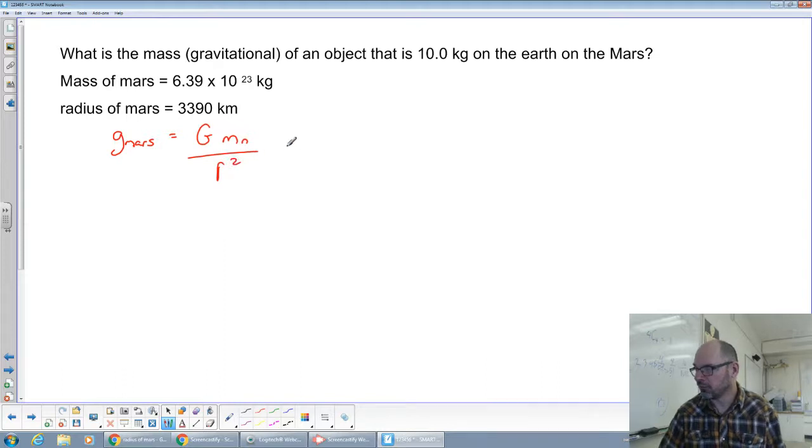So we're going to calculate the constant of G on Mars, and then we'll multiply it by the mass of the object on Earth.